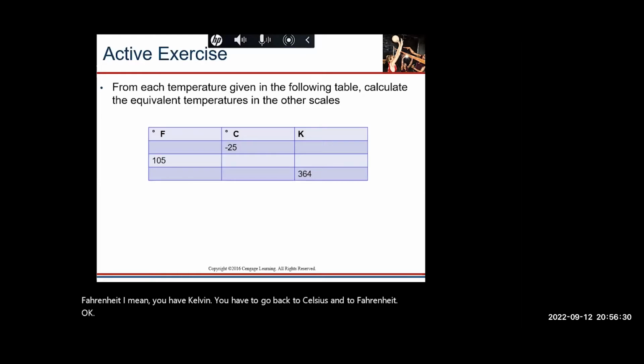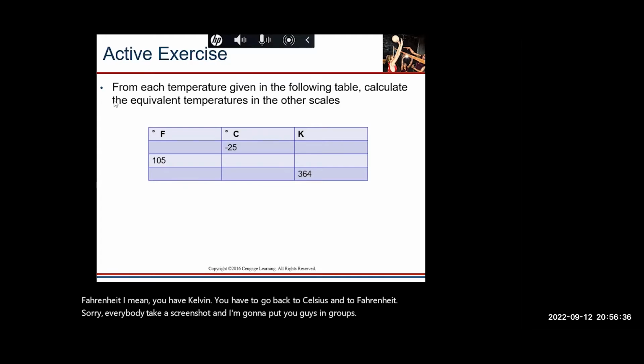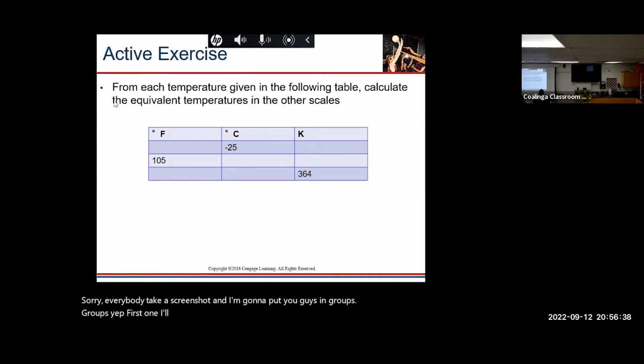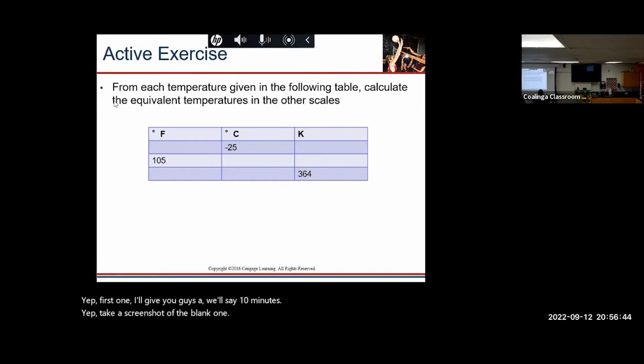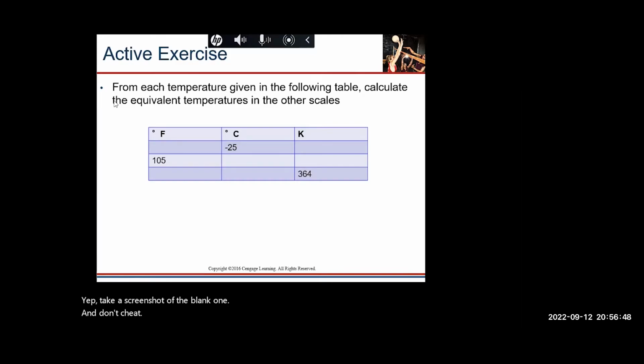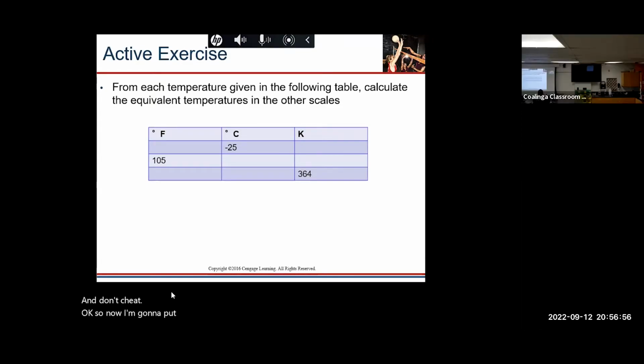Everybody take a screenshot, and I'm going to put you guys in groups. I'll give you, we'll say, 10 minutes. Take a screenshot of the blank one. And don't cheat. Now I'm gonna put you guys in groups so you can discuss how to do it.